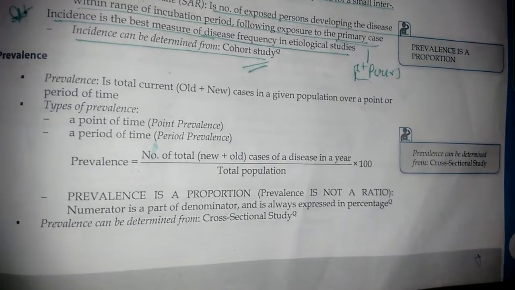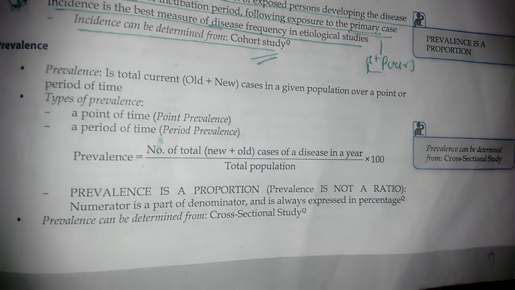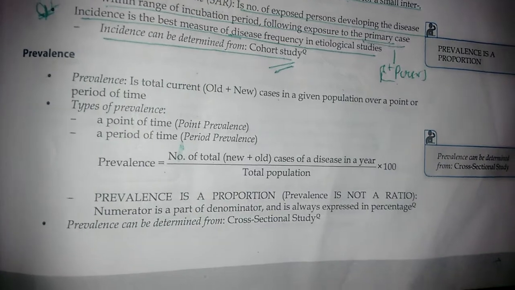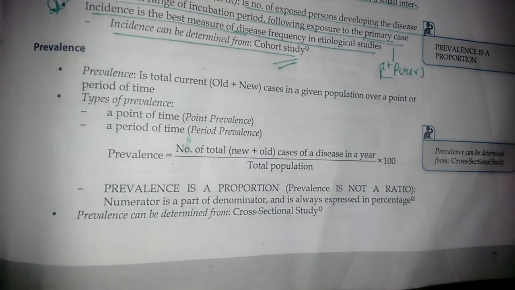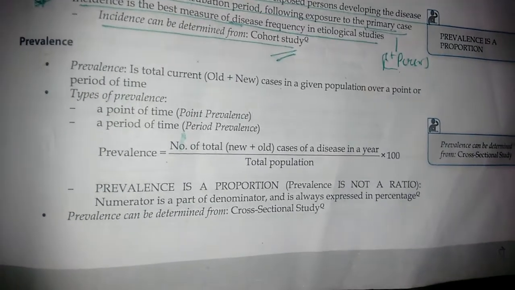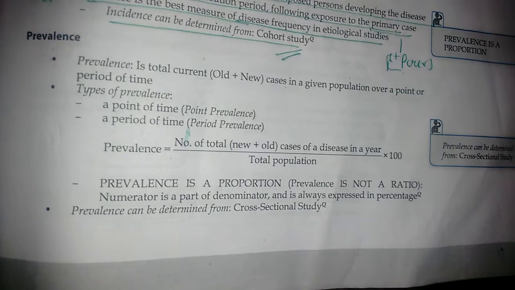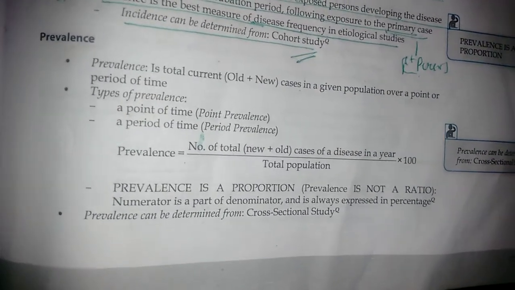Prevalence is a proportion, not a ratio. Why is it not a ratio? Because the numerator is part of the denominator, since the denominator includes both new and old cases. It is always expressed as a percentage.